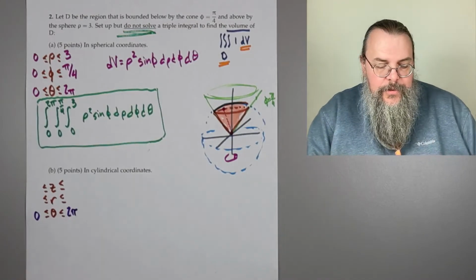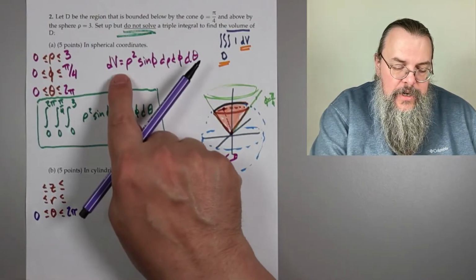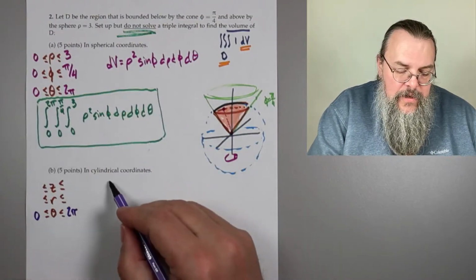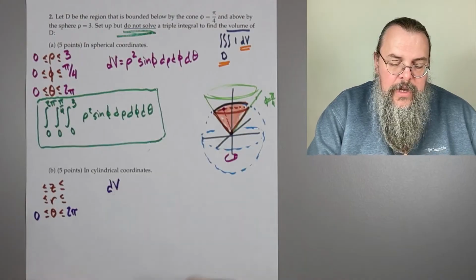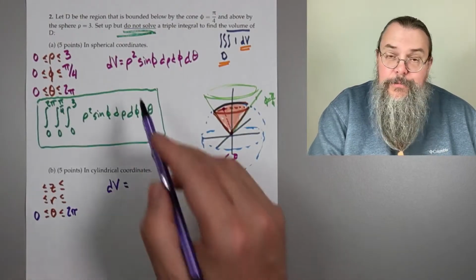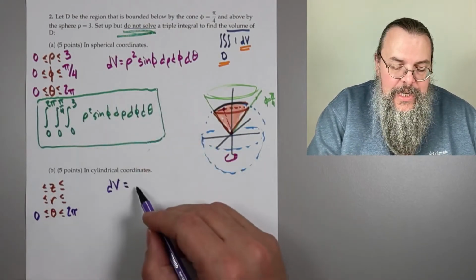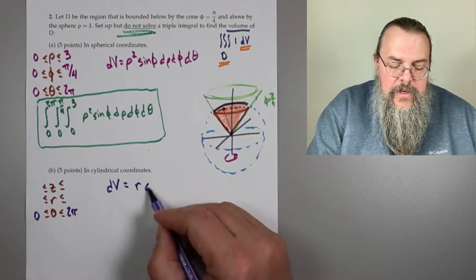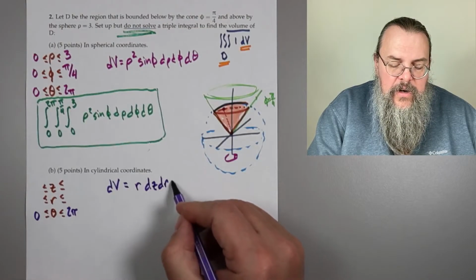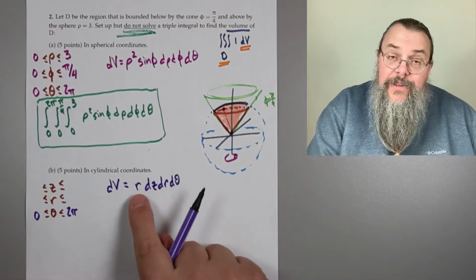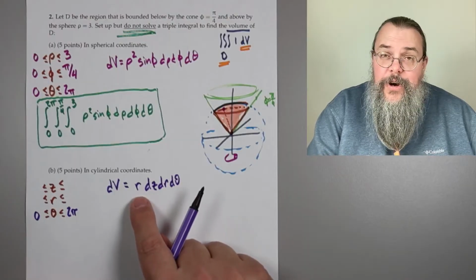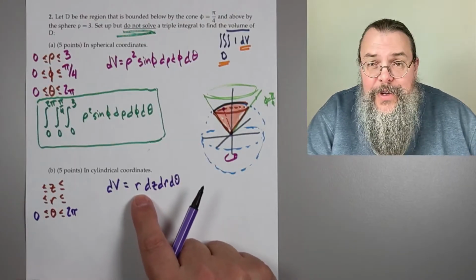Cool. While we're here, let's talk about our dv. We'll get that out of the way. And it has a bit different form, as you can imagine. It is r dz dr d theta. This r is the same r that shows up in polar coordinates.